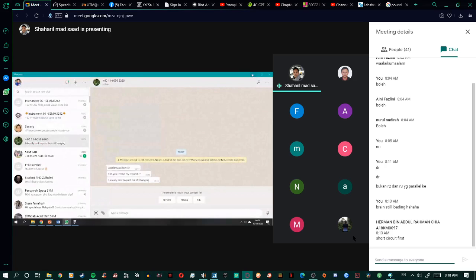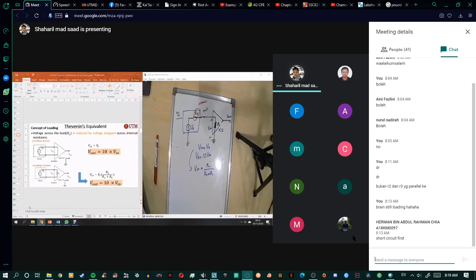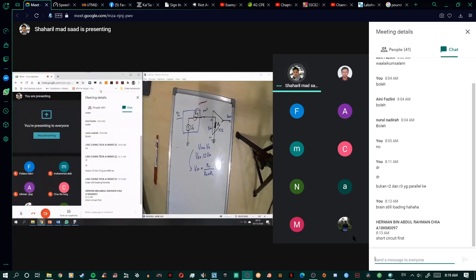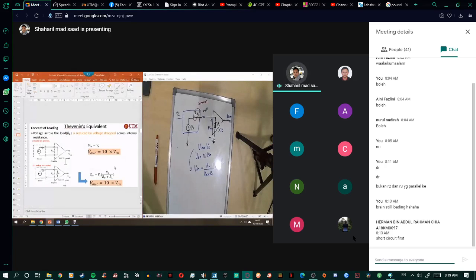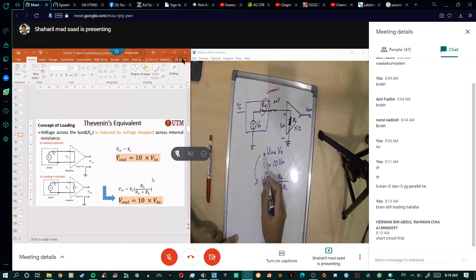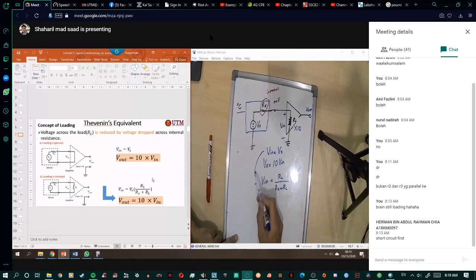This slide is quite different from your slide. So what you can see here is that a voltage drop happens.